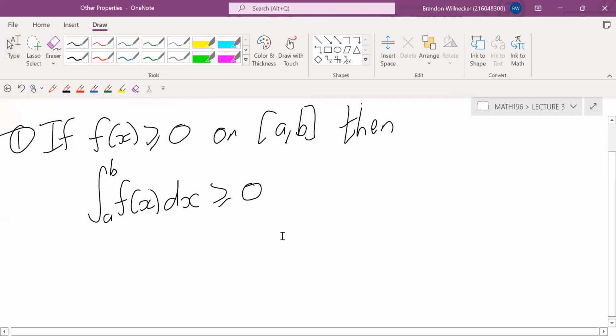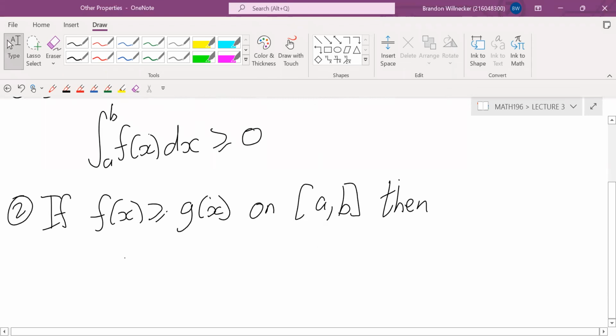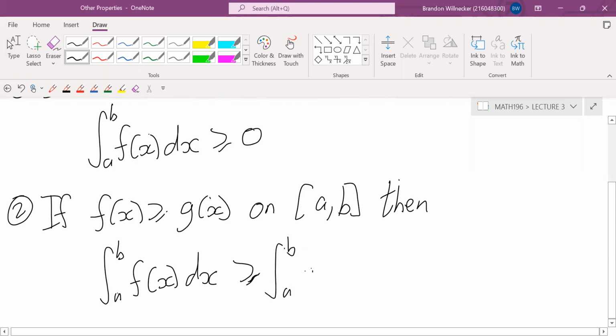Okay, and then number 2, if f of x is greater than or equal to g of x on AB, then the integral from a to b of f of x dx is going to be greater than or equal to the integral from a to b g of x dx.